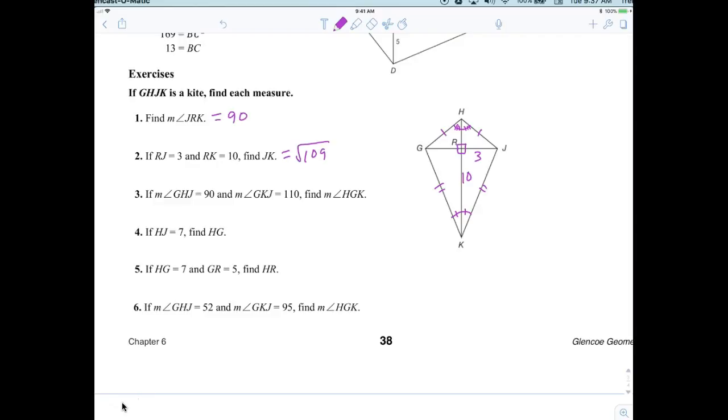This all makes sense. But on one of the problems they had, 109 doesn't break down, 109 is prime. You with me? If you can break it down, we always do.